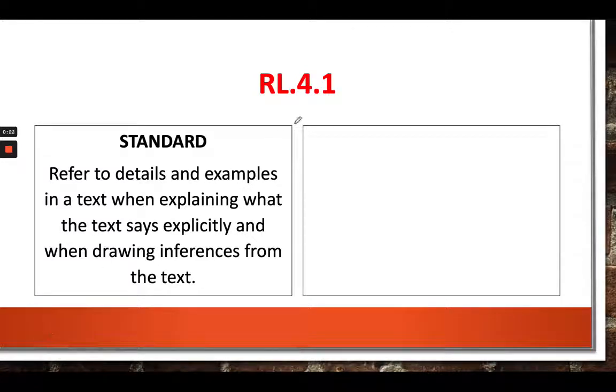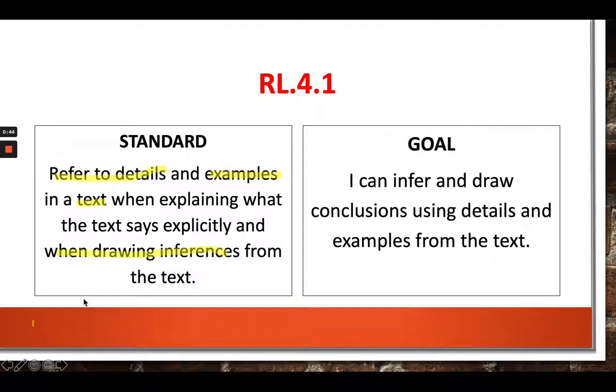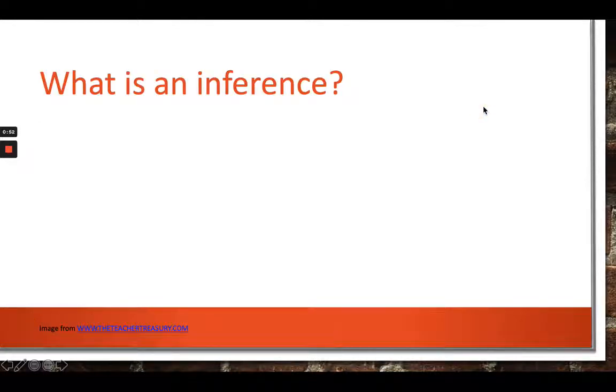With RL 4.1, we are to refer to details and examples in a text when drawing inferences. Our goal for this standard: I can infer and draw conclusions using details and examples from the text.